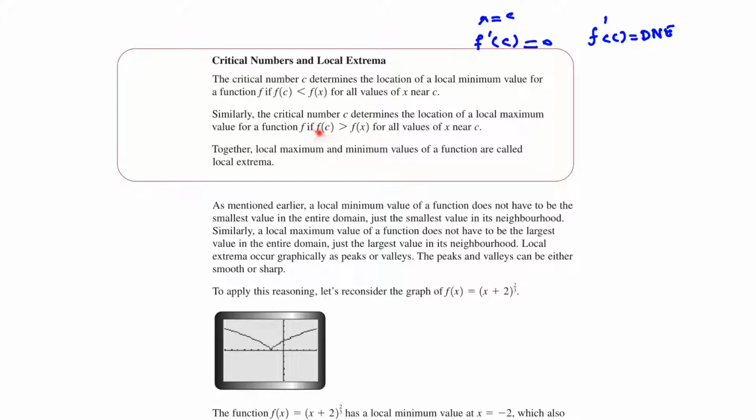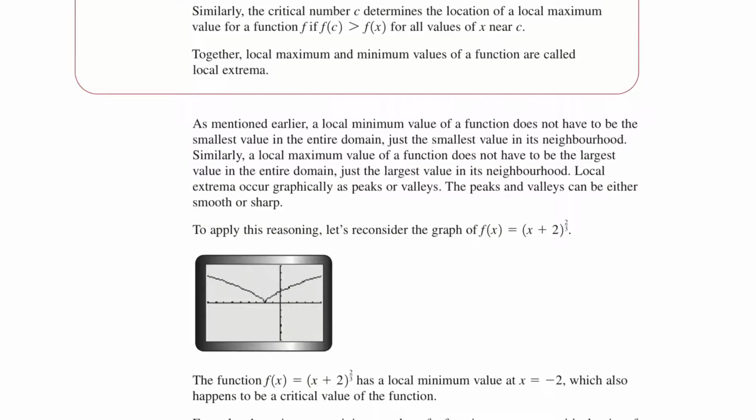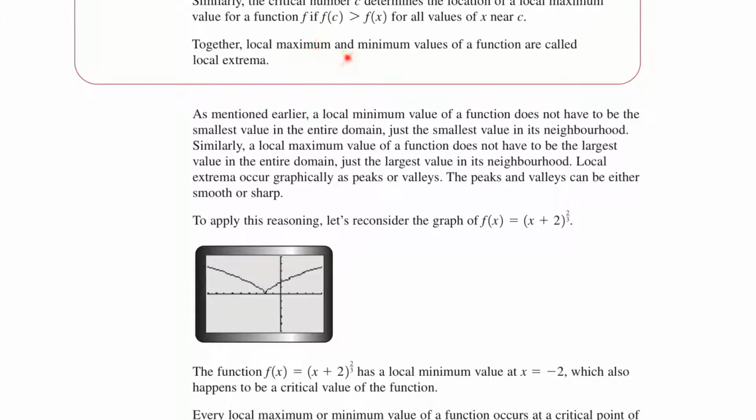Similarly, the critical number c determines the location of a local maximum when f of c is greater than f of x for all values of x near c. Together, local maximum and minimum values of a function are called local extrema.